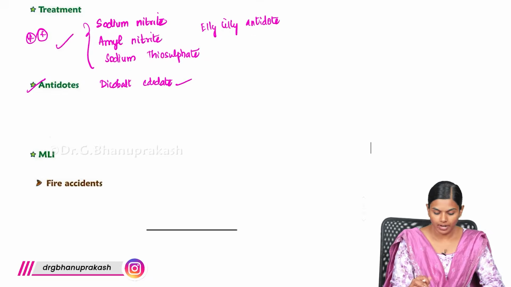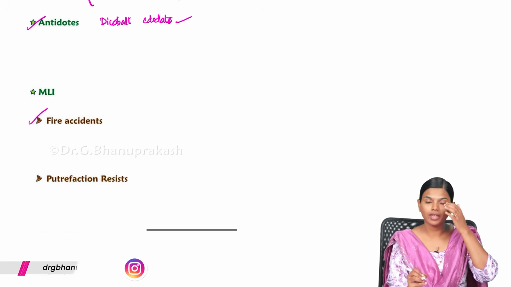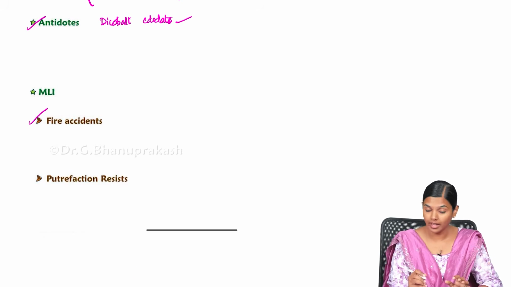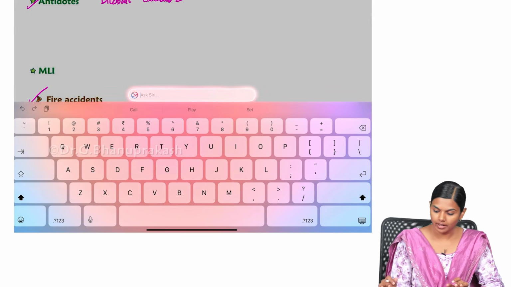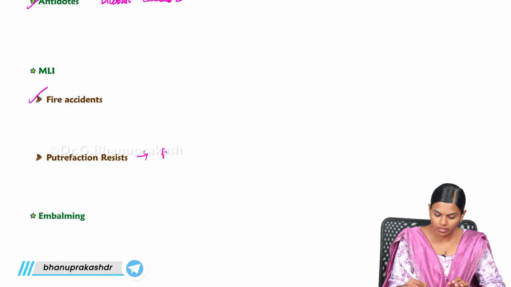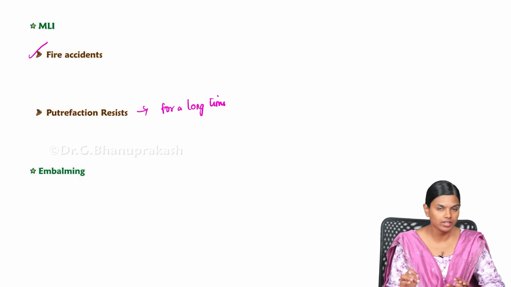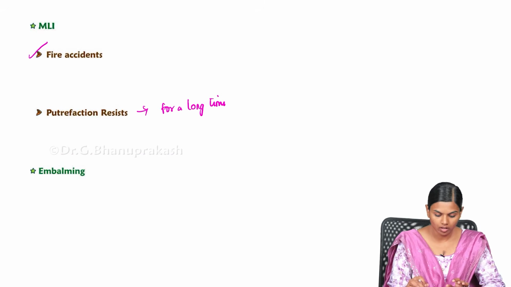And the medico-legal importance of this is that, like in fire accidents, you may be exposed to this cyanide gas and there can be death. And cyanide resists putrefaction for a long time. For a very long time, there will be no putrefaction. You will be able to identify cyanide in the body for a very, very long time.